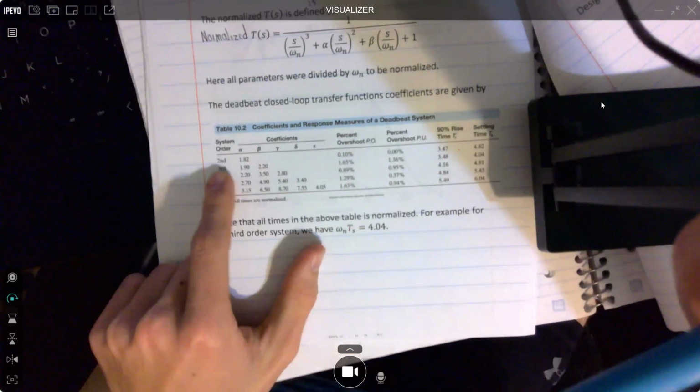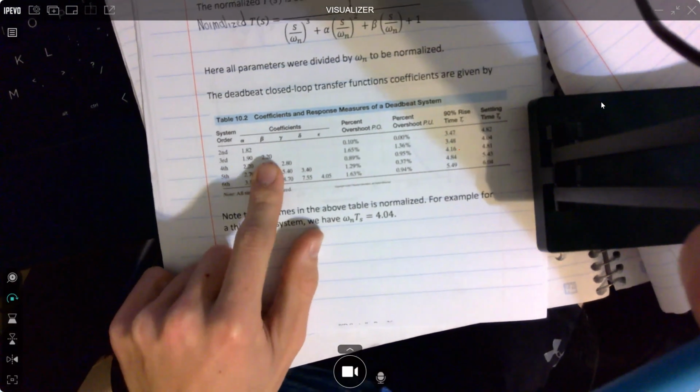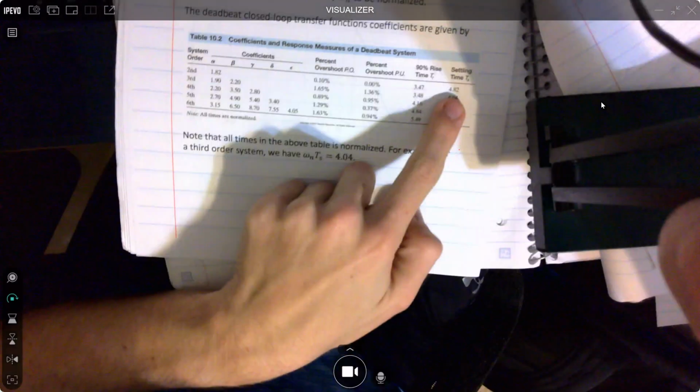If you have a third order system, this would be your alpha, this would be your beta, and those are the coefficients that go up above. You would plug in these 1.9, 2.2. And this would be your settling time and your rise time. So it gives you all these if you have a normalized system. Let's look at an example of how we would apply this.